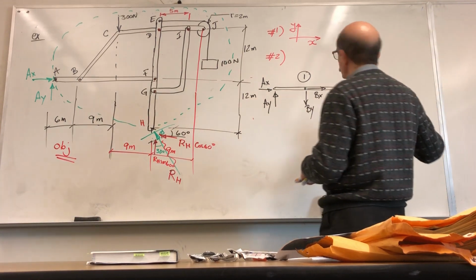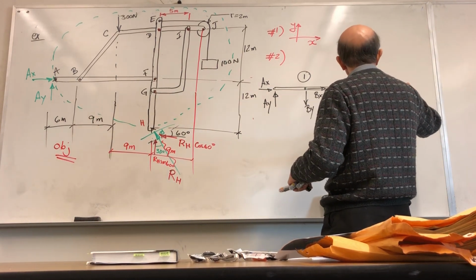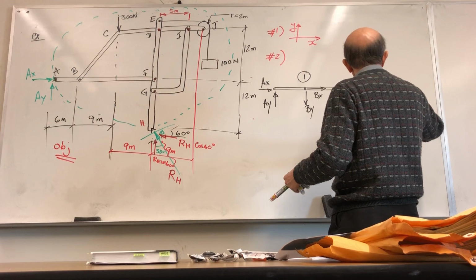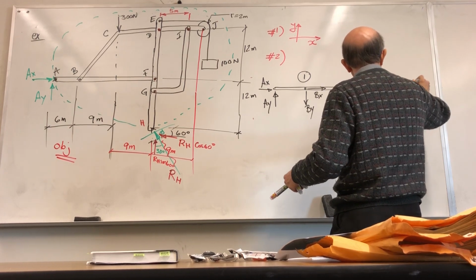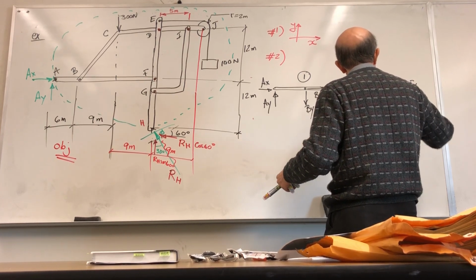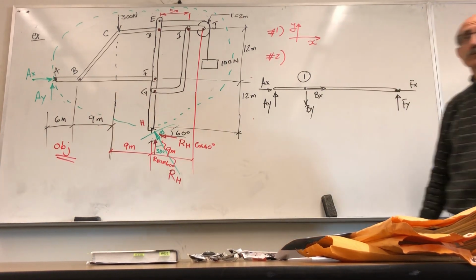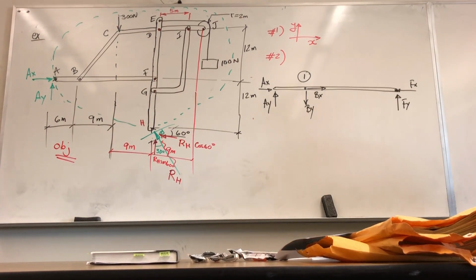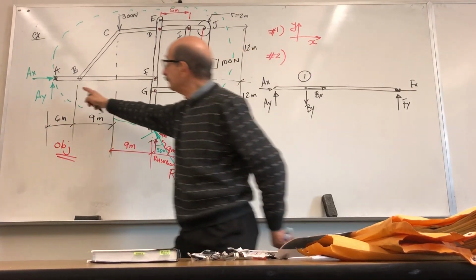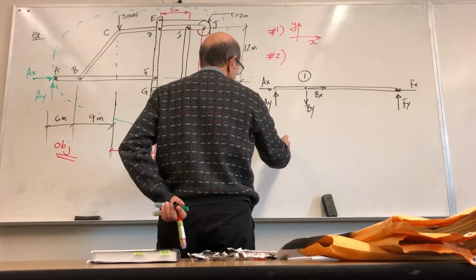So let's first take care of this. And at F, who knows? I'm just assuming these forces are acting like this. So that's member number one, okay? Member number two, let's consider this to be member number two.